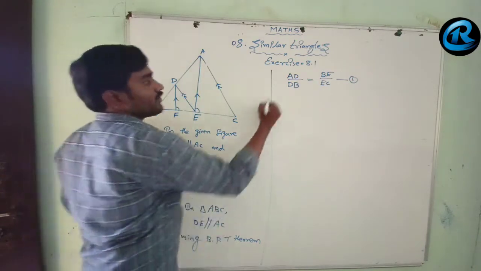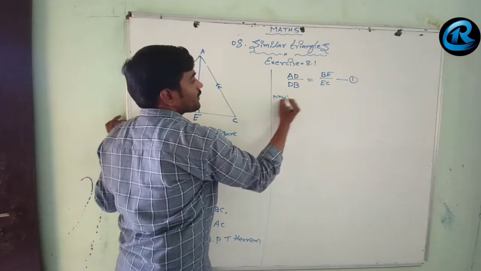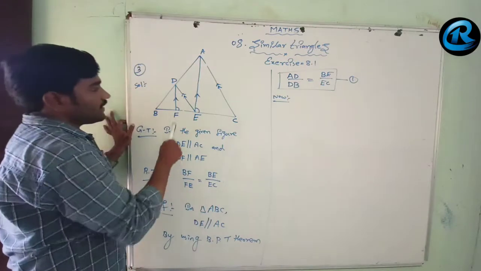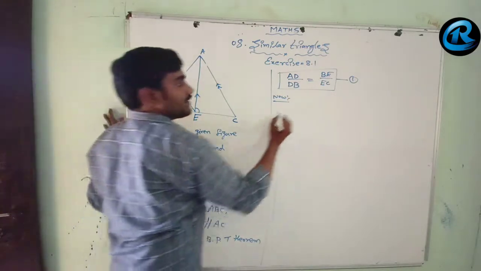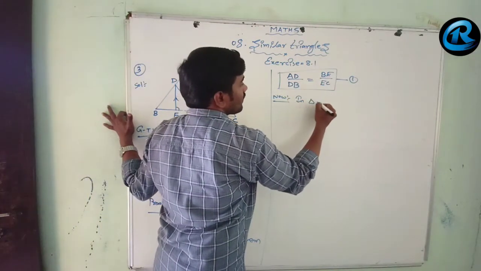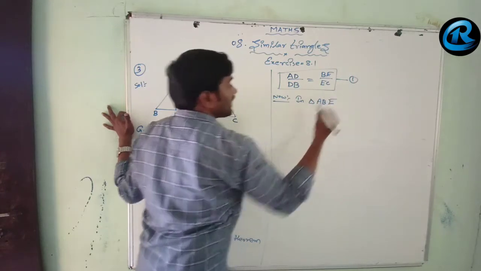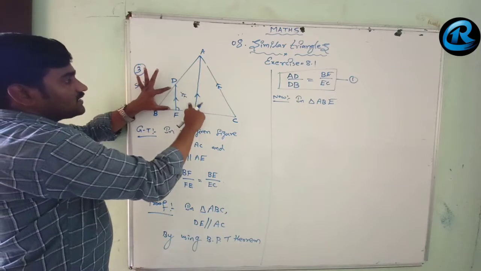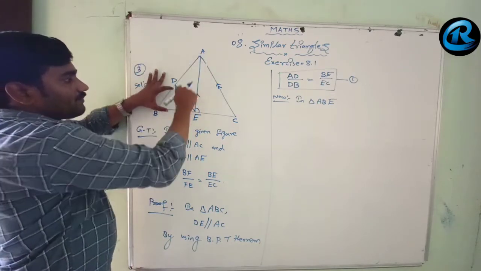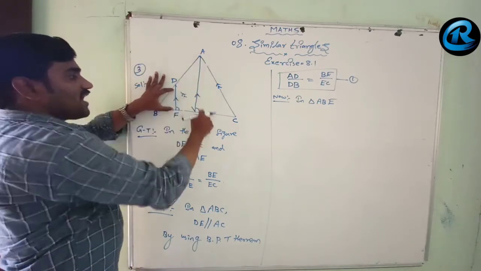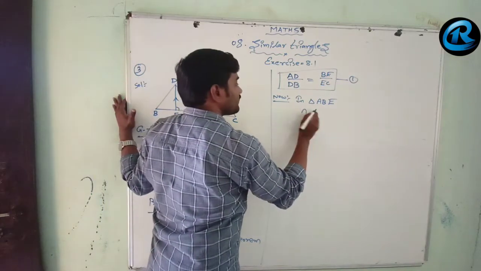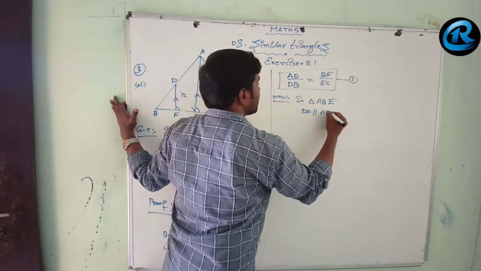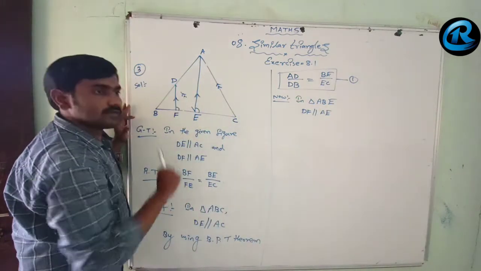Now we go for triangle ABE. In triangle ABE, observe which two sides are parallel. In the ABE triangle, DF is parallel to AE, as is given already in the question.